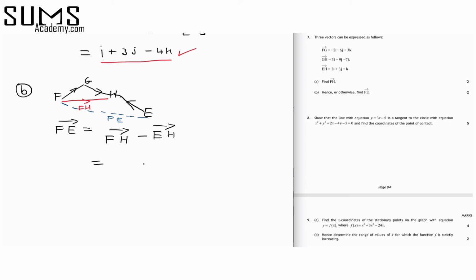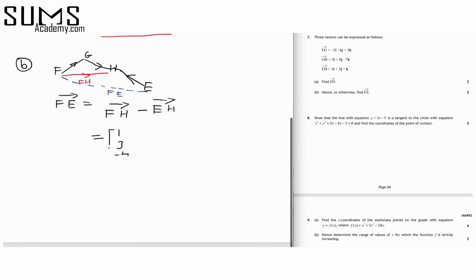Okay, so then we just write this in: 1, 3, -4, and then minus, this is just from here, 2, 3, 1. And that gives us 1 minus 2 is -1, 3 minus 3 is 0, and -4 minus 1 is -5.